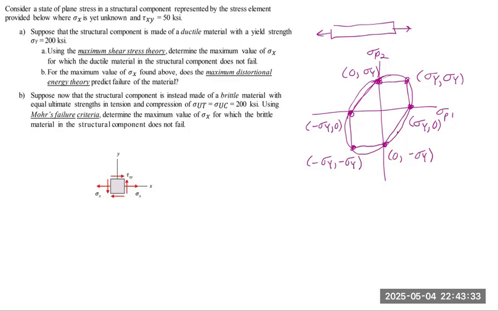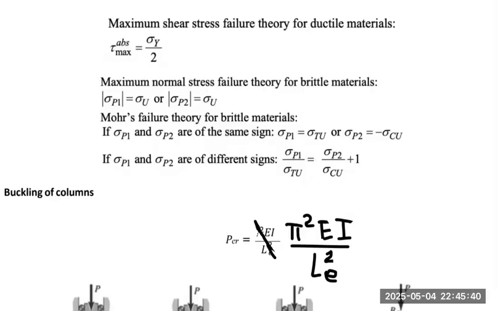So for the maximum shear stress theory, the yield stress is equal to 2 times the absolute maximum shear stress, or equivalently the absolute maximum shear stress is equal to the yield stress over 2.